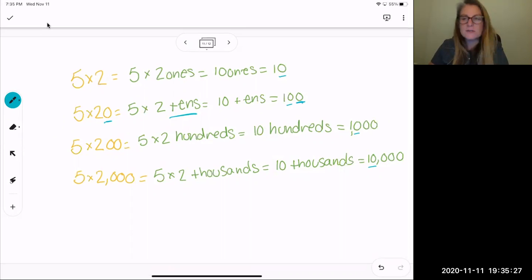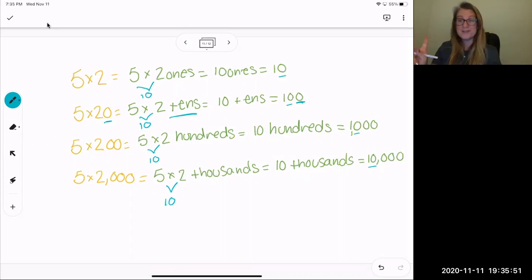But this one has 2 zeros. Why do you think that's the case? The reason why this happens is because 5 times 2 is 10. So that's where our extra 0 is coming from, that 0 from the 10.